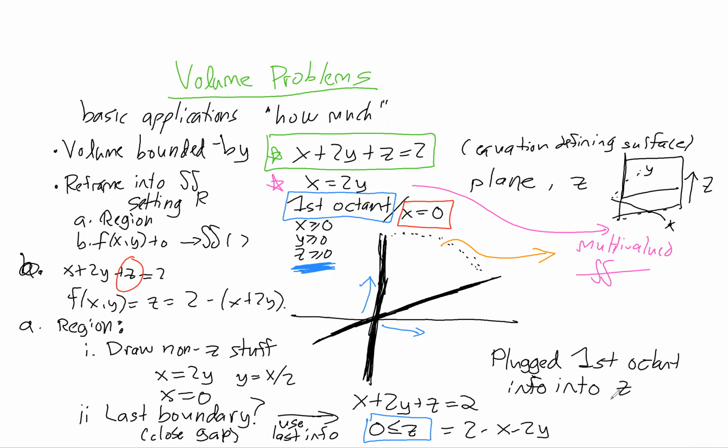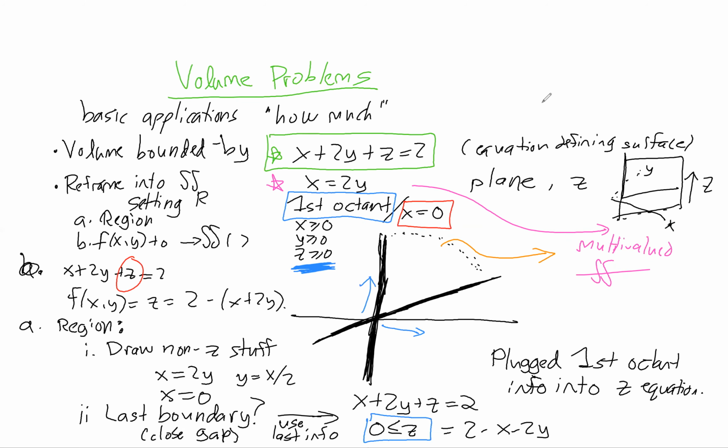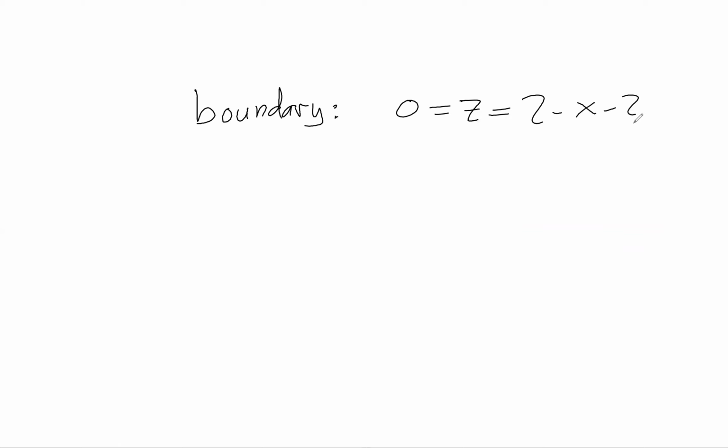And so the boundary is now the case z equals 0. So if we return back, it's 2 minus x minus 2y. So it's this line, y equals 1 minus x over 2.